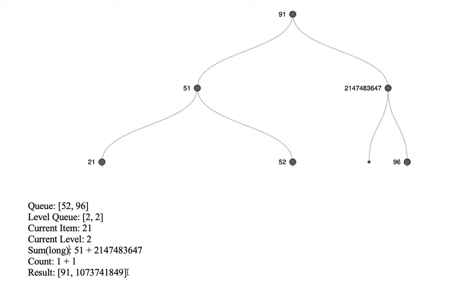Okay, so now we are done with 21, and 21 does not have any children, so we do not enqueue anything. Then we dequeue the next item from the queue, which is 52. So 52 is removed, and my current item becomes 52, and from the level queue we also dequeue the level.